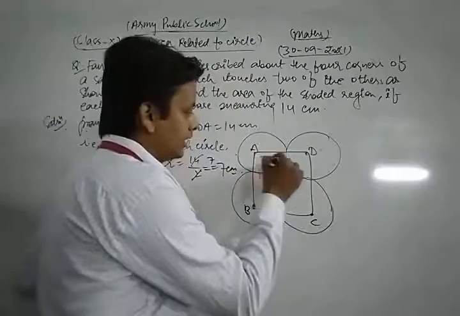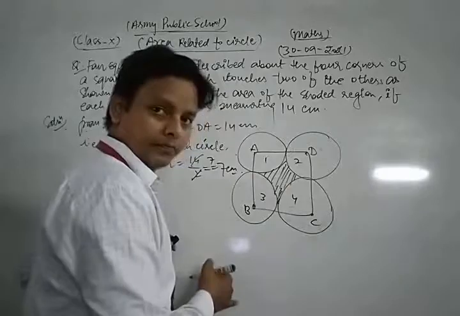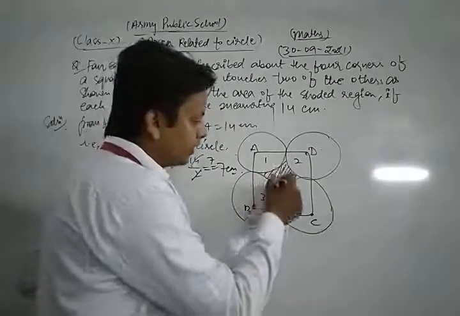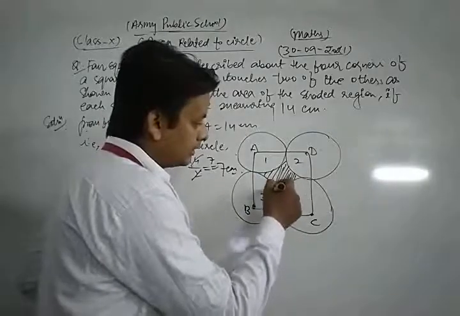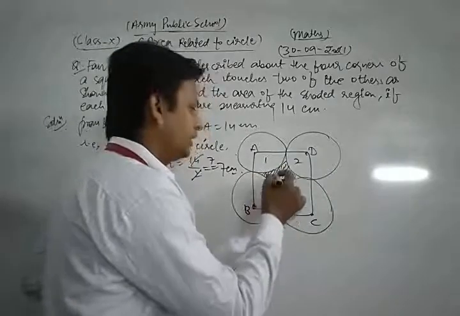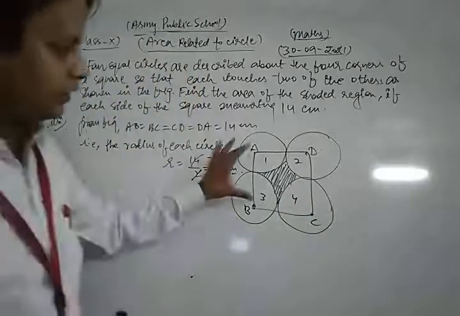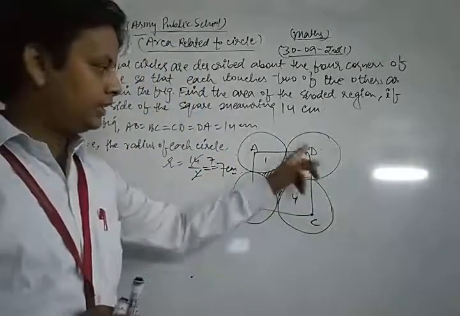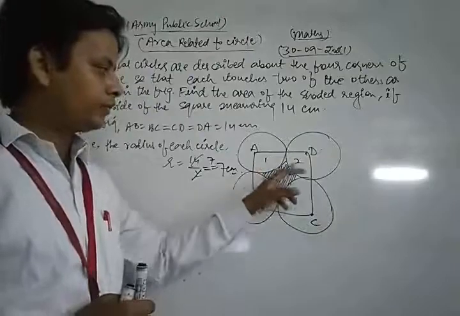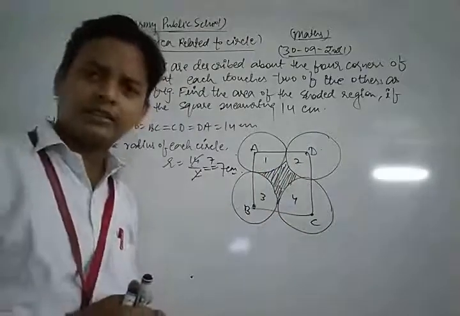This is first quadrant, this is second, this is third, this is fourth. Okay. So for finding the area of that shaded region, I take area of square ABCD minus area of 4 quadrants. So in this way we get the area of this shaded region.